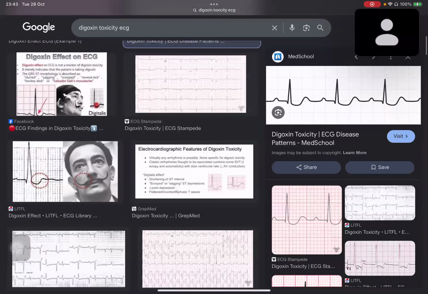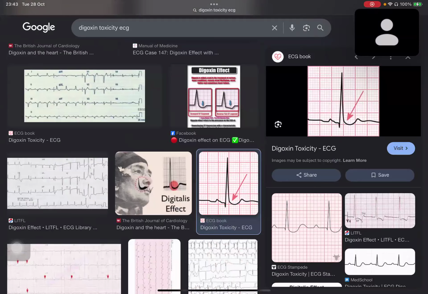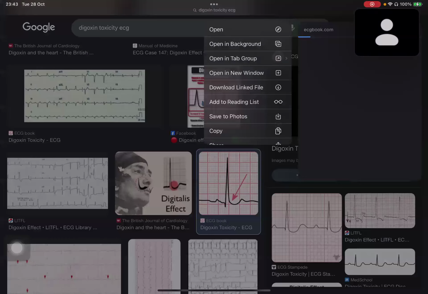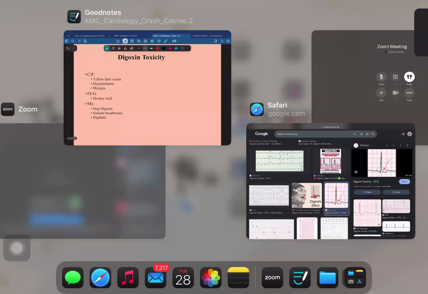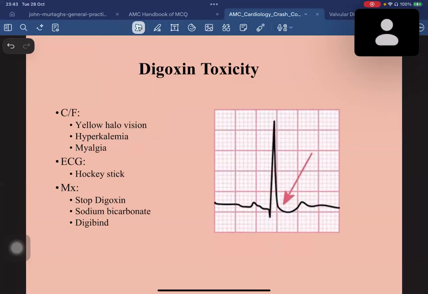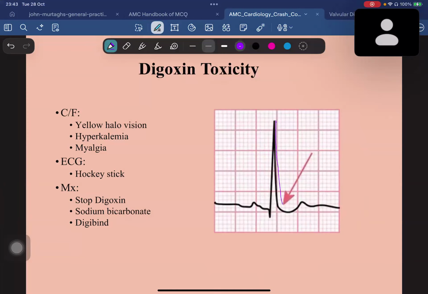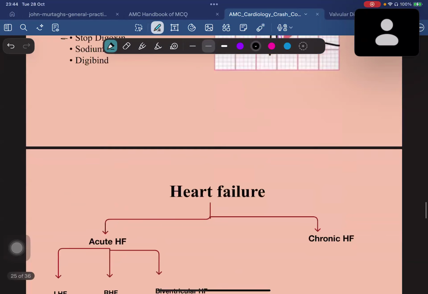I'm sure most of you must have seen it already. Oh yeah, just remember that. This is the hockey stick we are talking about. So it's simple: you stop the drug and then you can give sodium bicarbonate. So yeah, that would be that.